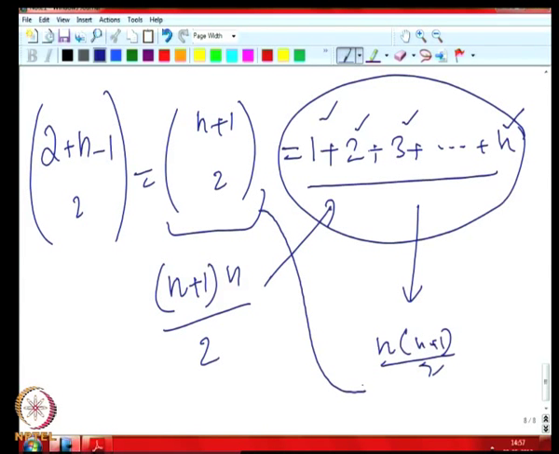So, we see that 1 plus 2 plus 3 plus up to n is equal to n plus 1 choose 2. So, that is n into n plus 1 by 2, right. Therefore, that is why we say that we have combinatorially proved that when you add up these 1 to n, we get this number, right.